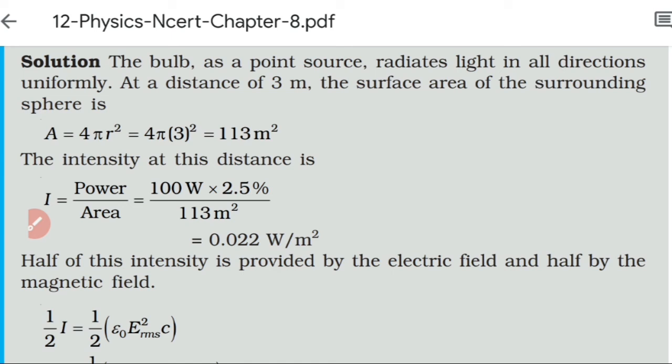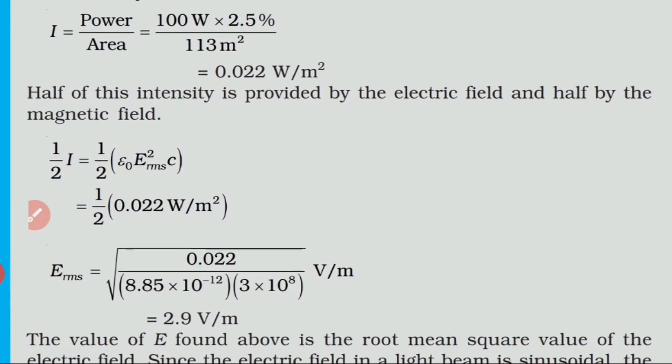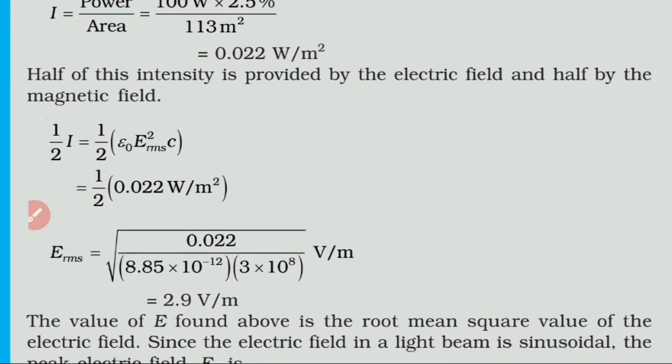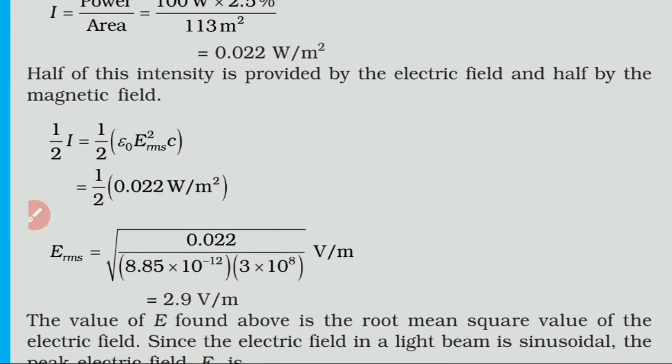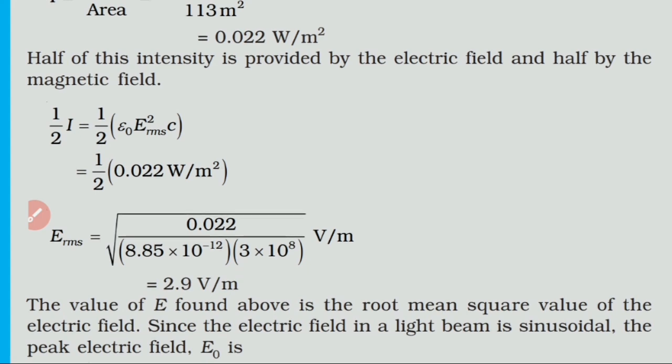Now this intensity is shared equally by the electric field and magnetic field. So half the intensity is due to the electric field and half the intensity is due to the magnetic field. So using that idea and taking the equation for intensity in terms of electric field, we can write half I is equal to half epsilon 0 E RMS square into C, and that is the same as half into 0.022.